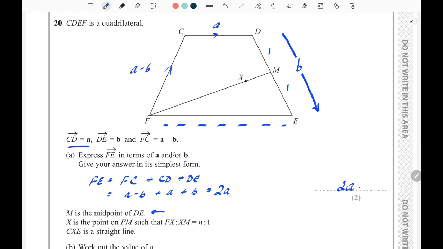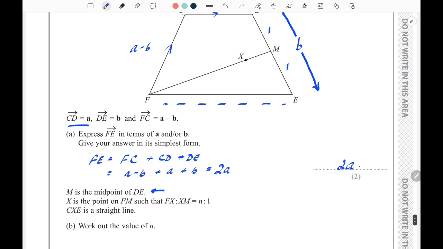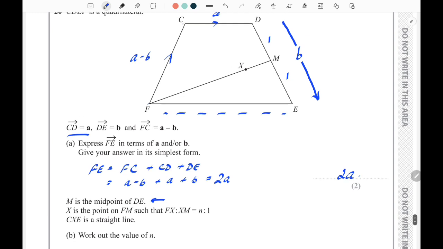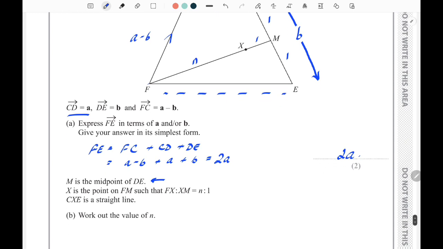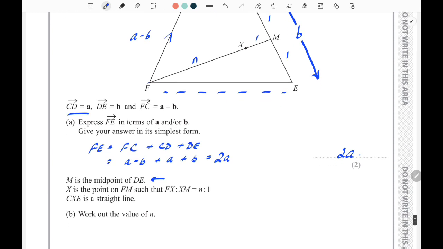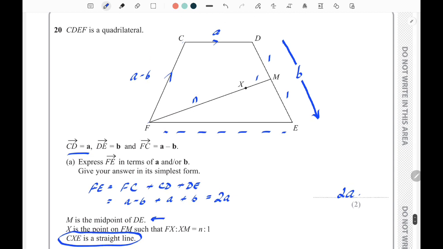Because the total is B. And then X is a point on FM such that FX and XM have a ratio n to 1, all right? The last bit, and this is the most crucial part of this question, that CXE is a straight line, okay? And let me just try and get that like that. That is meant to be a straight line, okay?